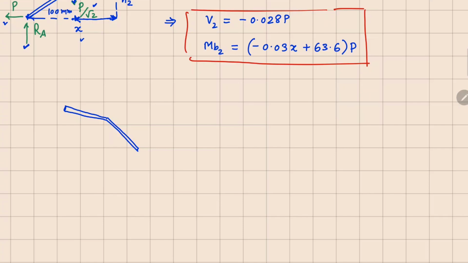In terms of forces, we will have RD, P here, those two components from the muscle force, P over square root 2, P over square root 2, and since this is going to be a negative phase, we are going to mark your transverse force and bending moment in this manner.